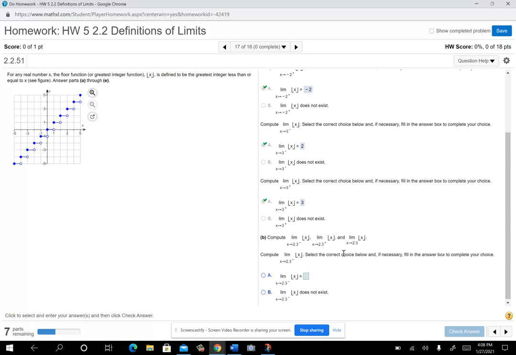All right, and now it's asking me to compute the limit as x approaches 2.3 from the left. So I have to think about being at positive 2.3, which would be on the right side, a little past 2. And the limit of that, as you come from either the left or the right, is actually going to be 2.